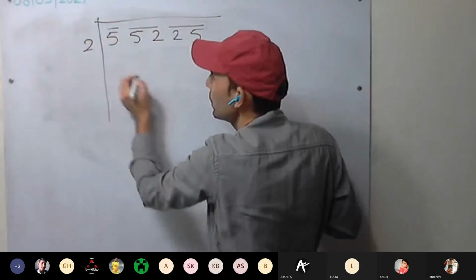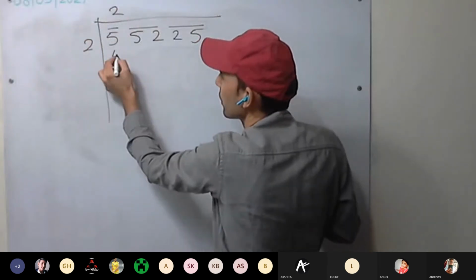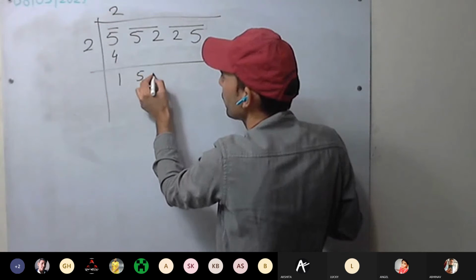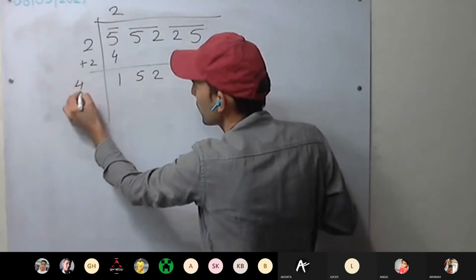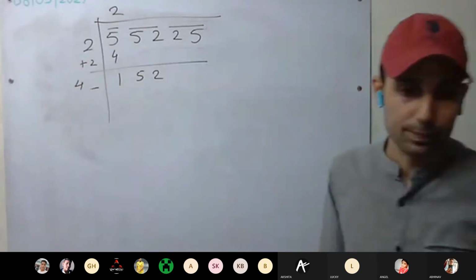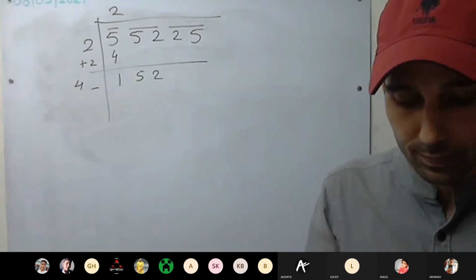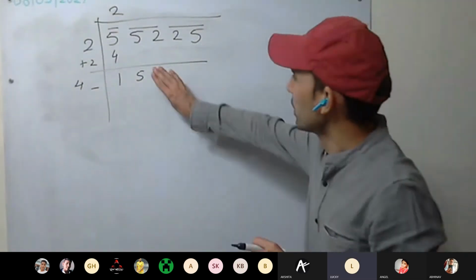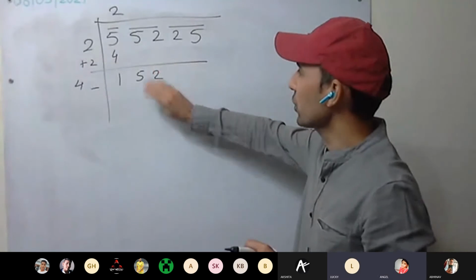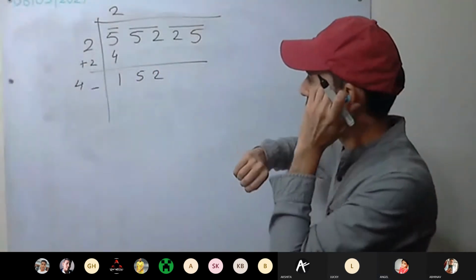First one, 2, 2, 4, 1, 5, 2, plus 2, 4. So what should be here? 3. 43. Check for 3.